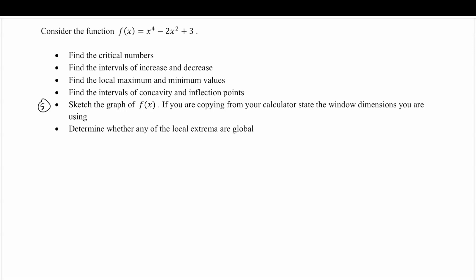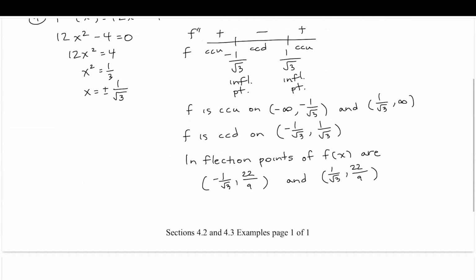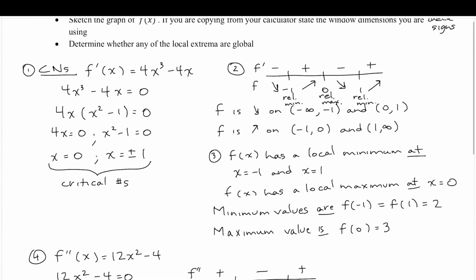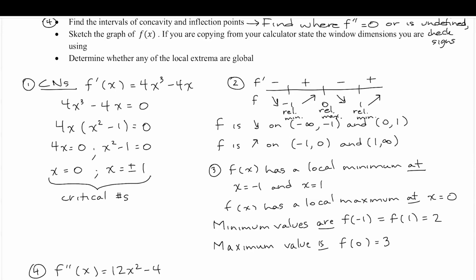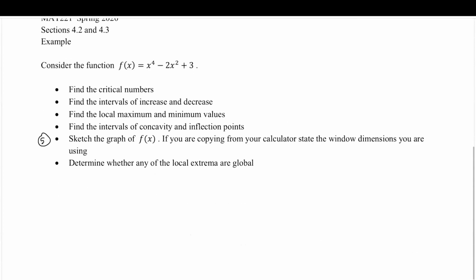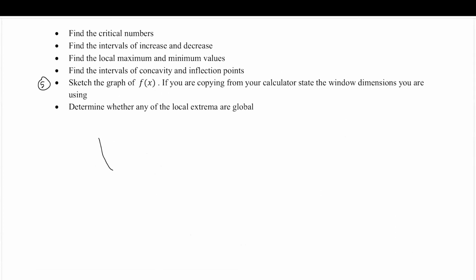I have a basic idea of the function's behavior, and I'll do more than one sketch based on where my critical numbers were and my increasing and decreasing intervals. I have a function that decreases, increases, decreases, increases. So this is the basic shape. Then I know the x and y coordinates of these spots.